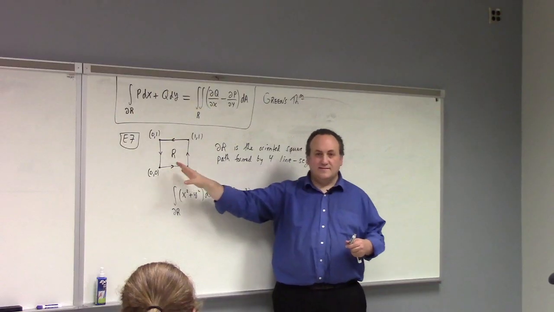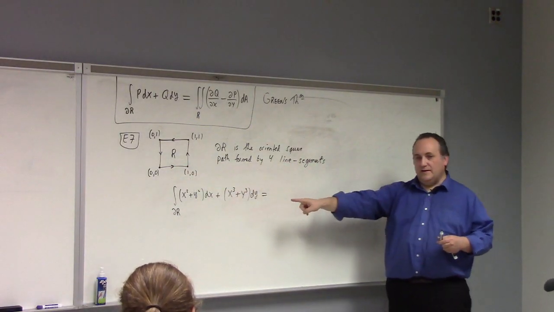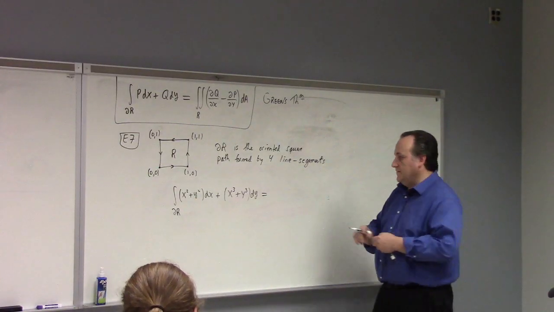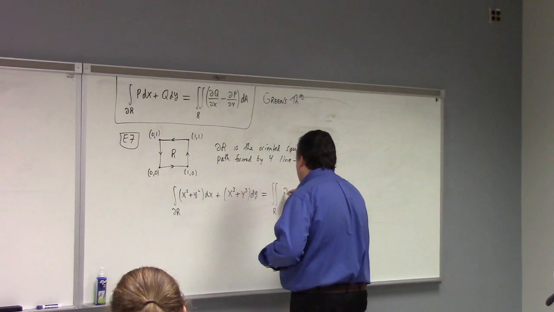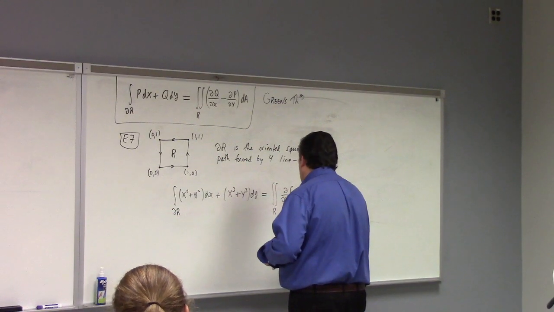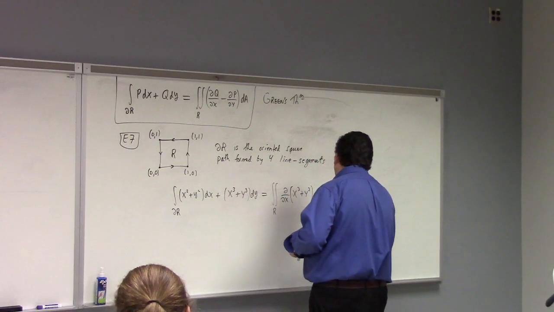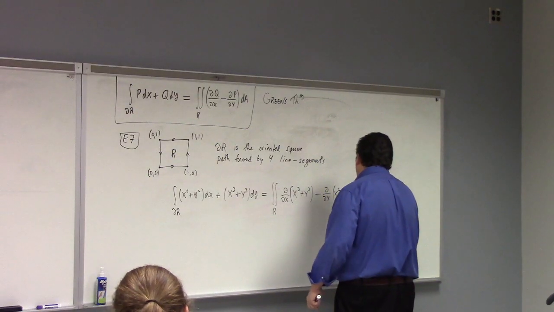That's annoying. With Green's theorem, we trade this line integral for a corresponding double integral. It then becomes the double integral over R of partial x of q, which in this case is x cubed plus y cubed, minus partial y of p, which in this case is x squared plus y squared by my construction.